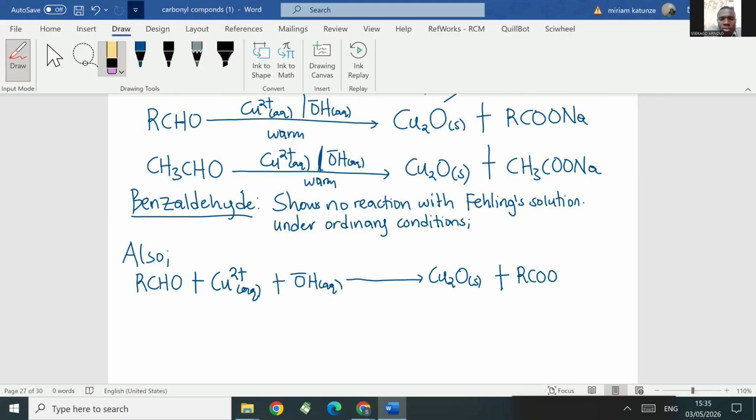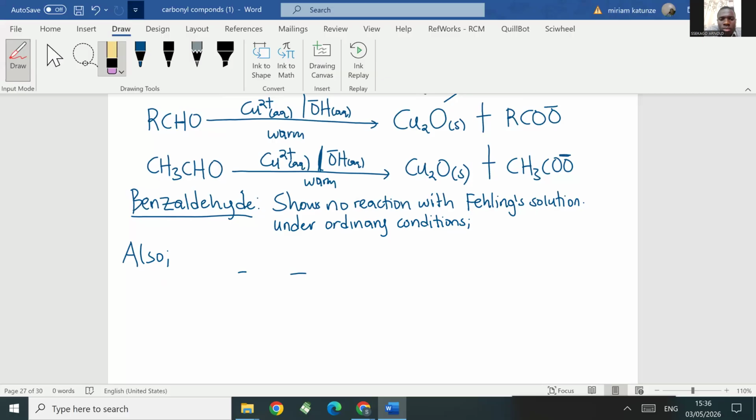Oh, I was making a mistake here. Sorry. So if I don't apply sodium hydroxide, this will be ions. Also, this will be ions. Sorry for that.